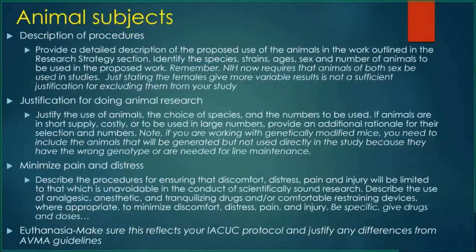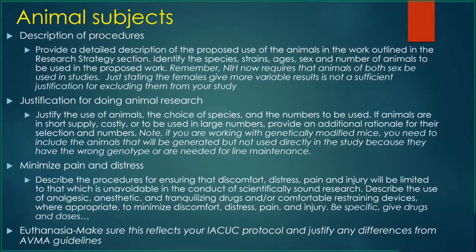With a similar thing with animal subjects, you have to be super careful about justifying any kind of single-sex study. Now there is a specific rule from the NIH that you have to be able to address that animals of both sexes are included, and that simple things like saying females give more variable results because of the estrous cycle, that is not a sufficient reason for excluding them.